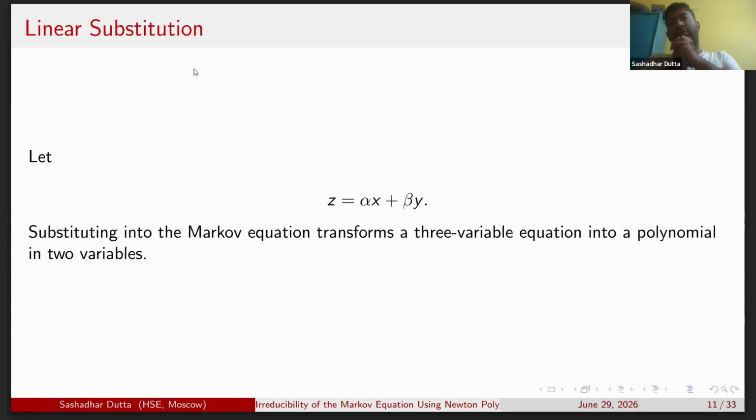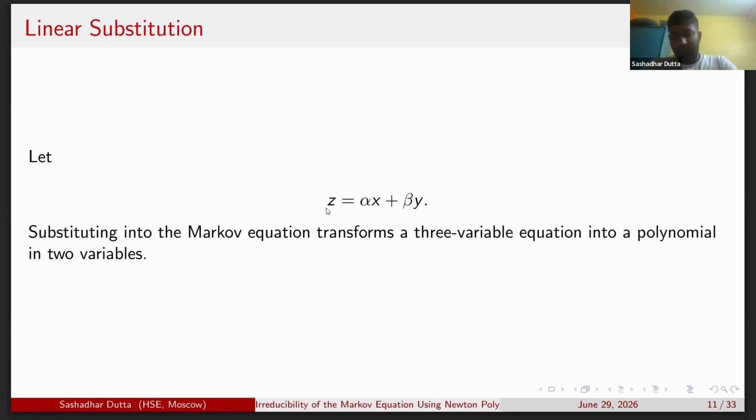Okay, the Markov equation has three variables, x, y, z. If I can convert it into two variables, x and y, because I'm transforming from three to two variables, how can I do it? Suppose I choose z equal to alpha x plus beta y.